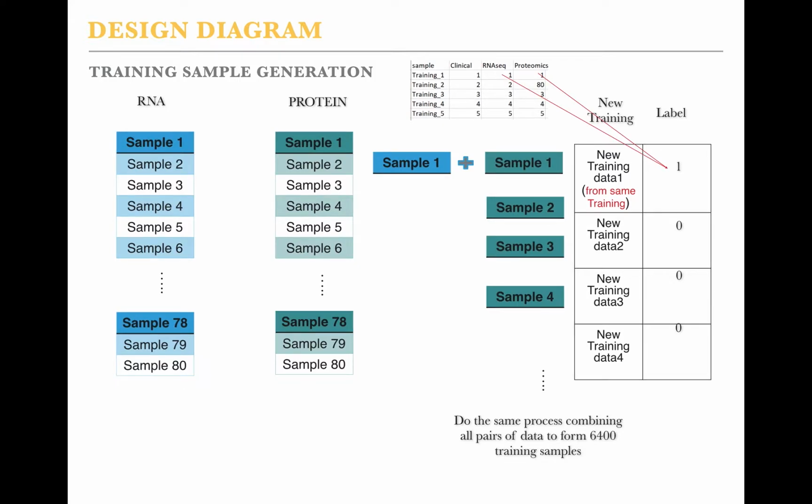We do the same process to all samples in the RNA data set, which gives us 6,400 new training data. 80 of them are labeled as 1 and the rest of them are labeled 0.